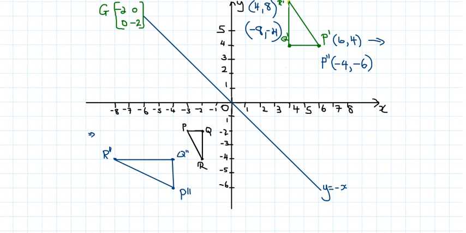Okay, next one is the transformation M, which is our reflection in the line y is equal to minus x. Anybody here remember what the reflection matrix looks like for the reflection in the line y is equal to minus x? Yes, let's hear it.